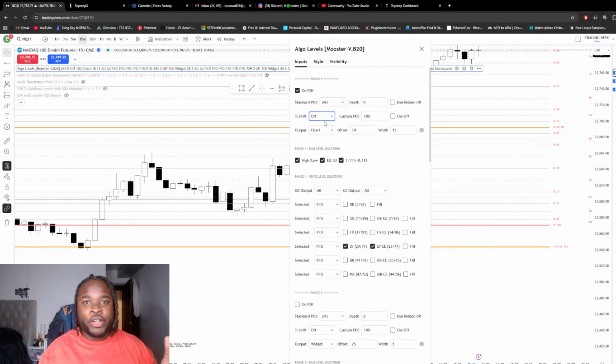Some indicators do a zero point 0.5, some do negative zero point 0.5 to get the half shift down. So you could use it to see, are you in the discount, are you in the premium, how far up. If you're all the way in the discount, you maybe want to shift up so you can see the view from above. That's the way that I use it sometimes.